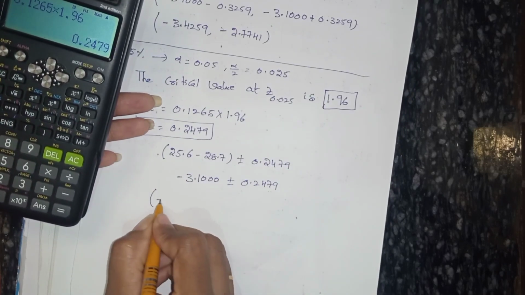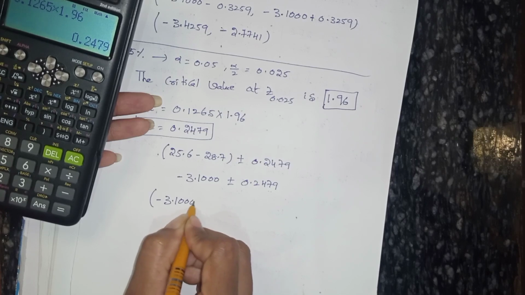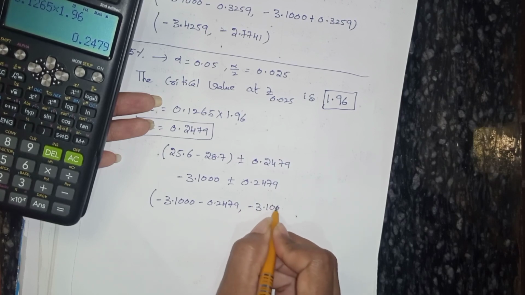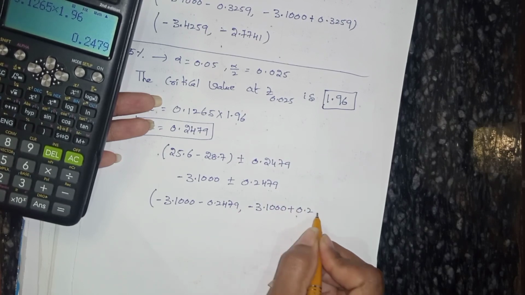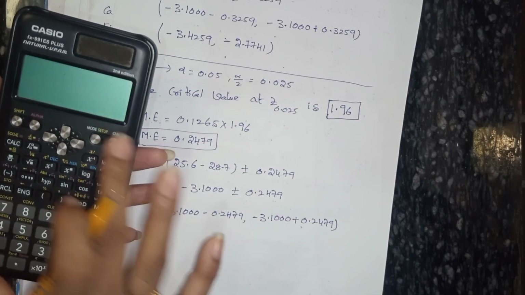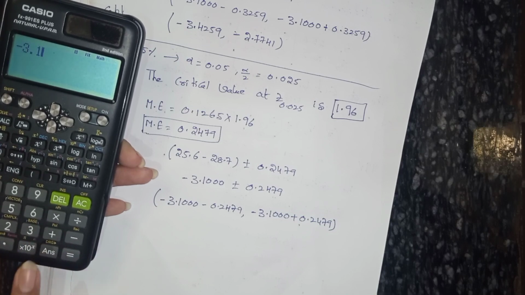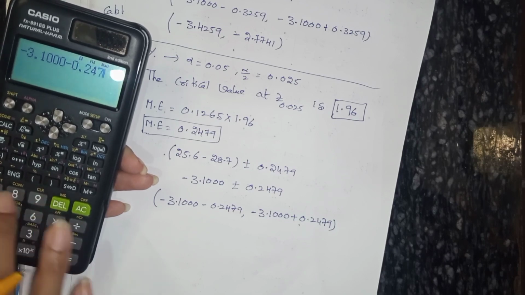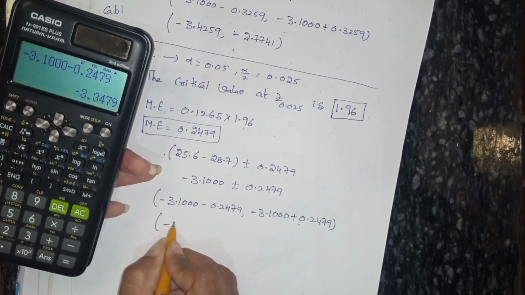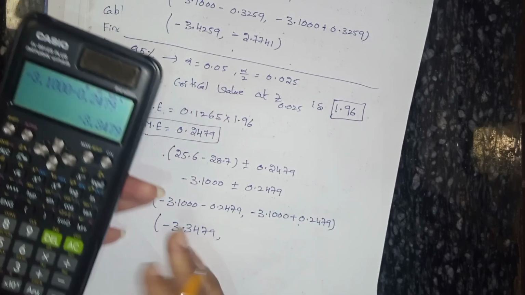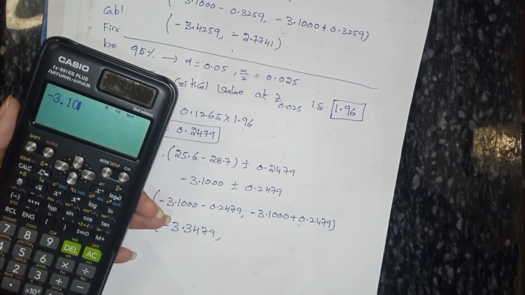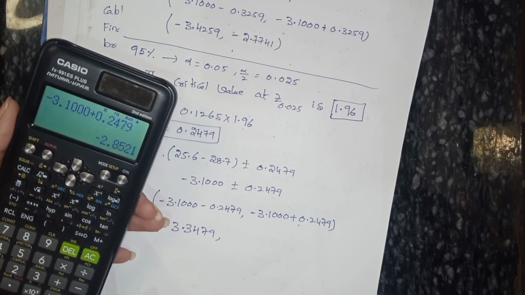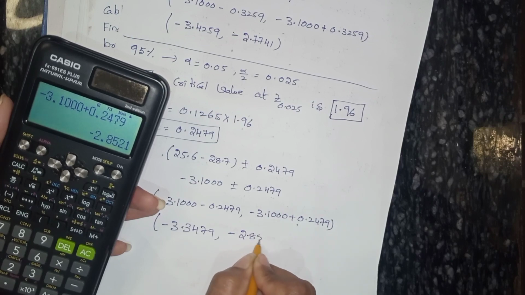Minus 3.1000 minus 0.2479 equals minus 3.3479, and minus 3.1000 plus 0.2479 equals minus 2.8521.